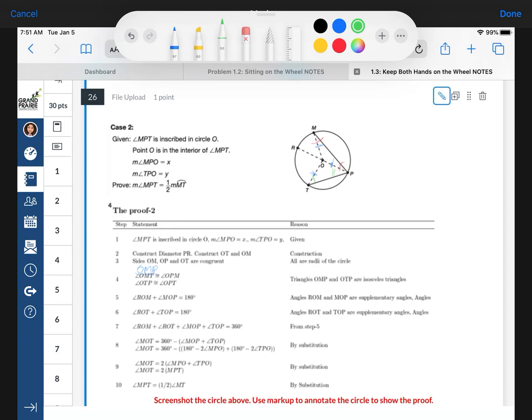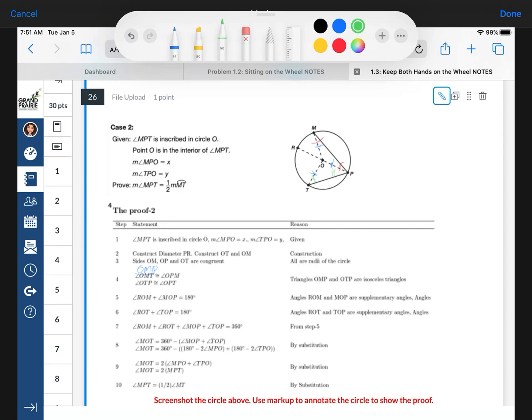Moving on to the last 3 steps, by substitution we can say that the measure of angle MOT is equal to 360 minus the measures of angle MOP plus TOP. And by substitution, the measure of angle MOP is 180 minus twice the measure of angle MPO.